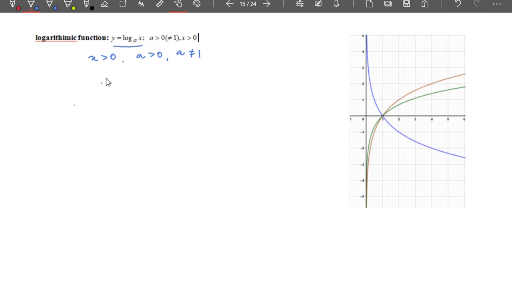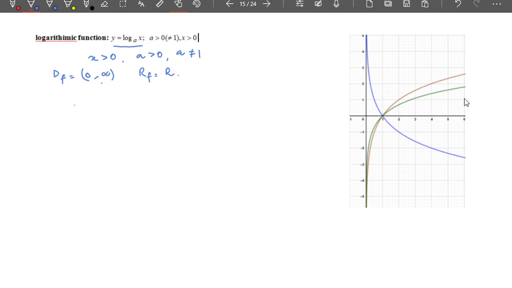Then only this function is defined. So the domain of the function is 0 to infinity. The range of the function is all real values.